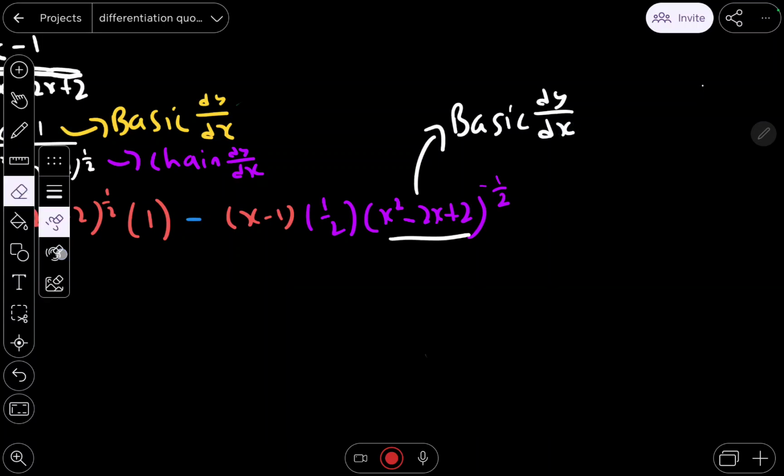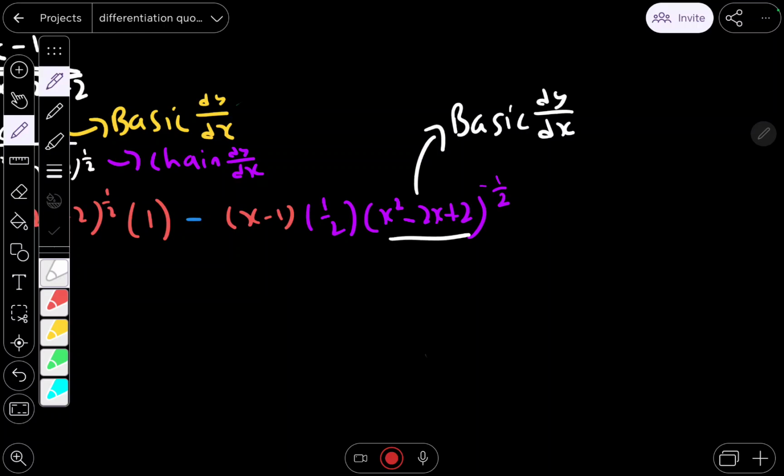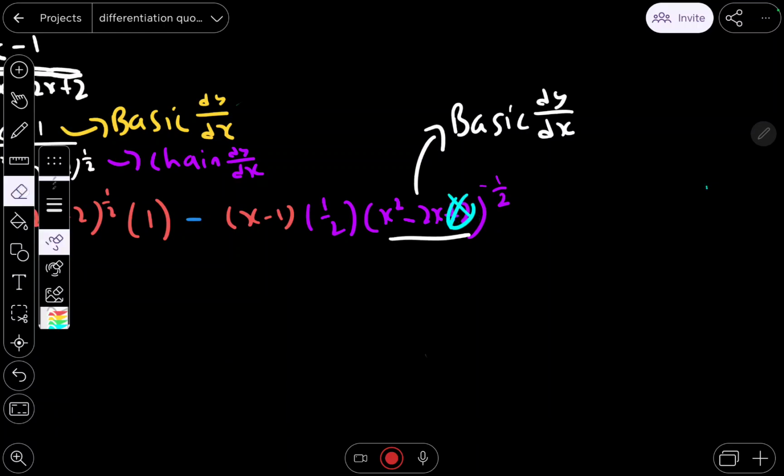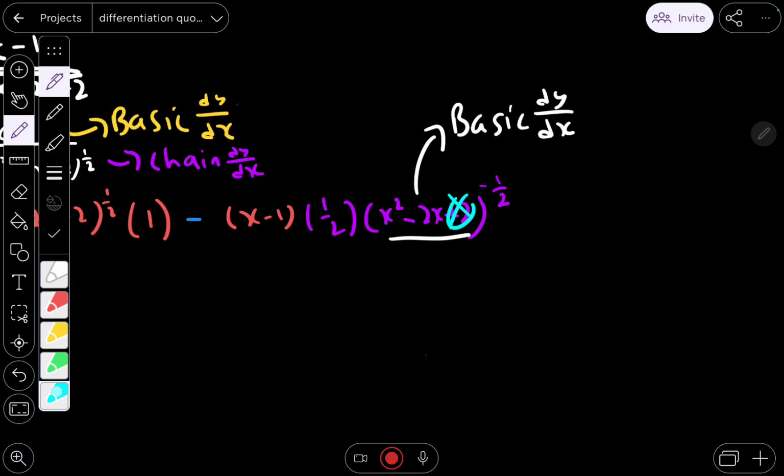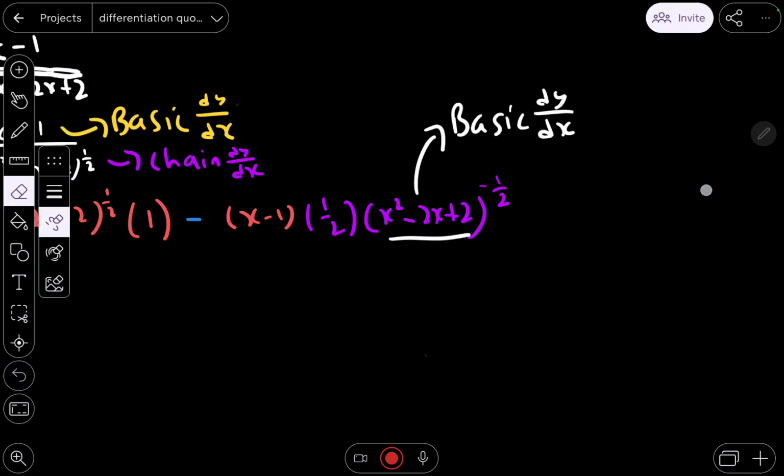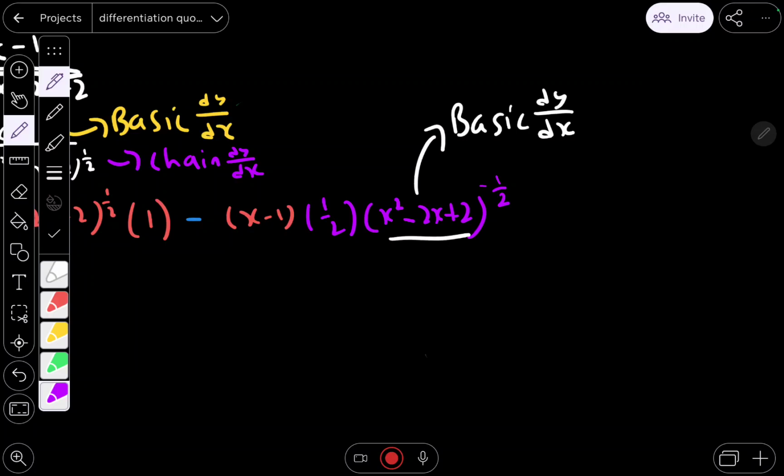So constant can be ignored. So differentiate x squared, just 2x. And differentiate minus 2x, minus 2.